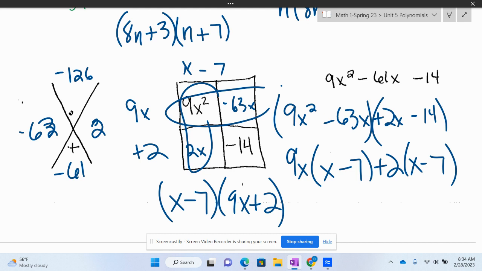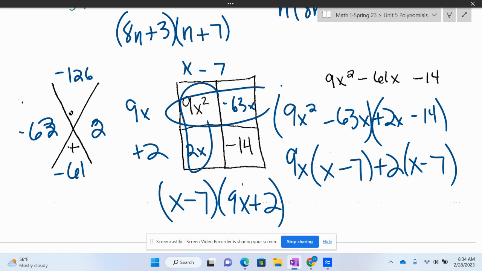So 21 and 6, 42 and negative 42 and 3 is negative 39. Sorry, negative 63. So it's negative 63 and positive 2.